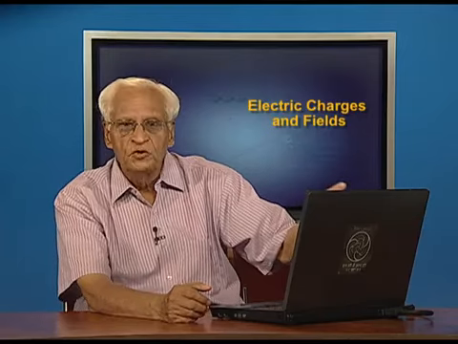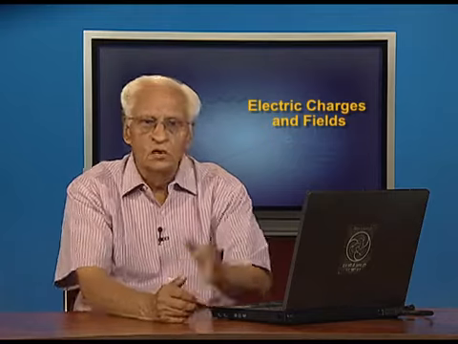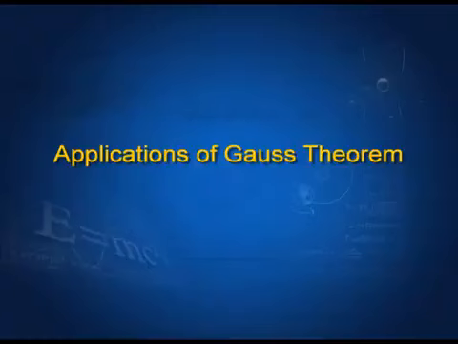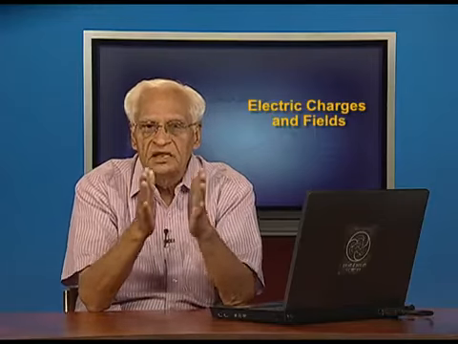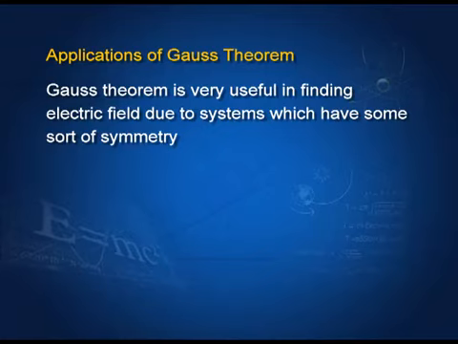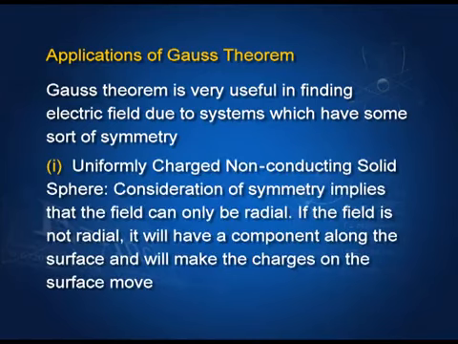Let us see a few applications of the Gauss theorem to fix the ideas. First of all, let me remind you that Gauss theorem is useful only if the charge distribution has some symmetry. So, we shall take a uniformly charged non-conducting solid sphere.